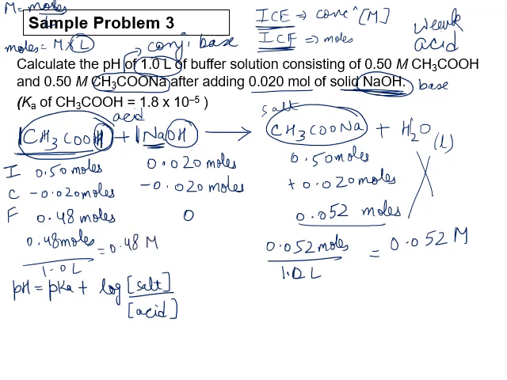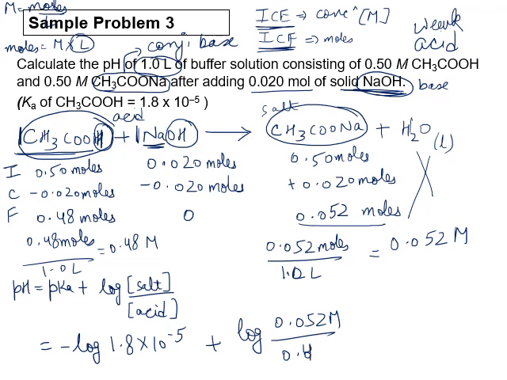Now you have the molarity. Plug those in. The other number that I need is pKa. How do I find it? Ka is given to me. So this is going to be negative log of 1.8 times 10 to the minus 5, that's pKa, plus log of salt, which is 0.052 molar, divided by 0.48 molar.